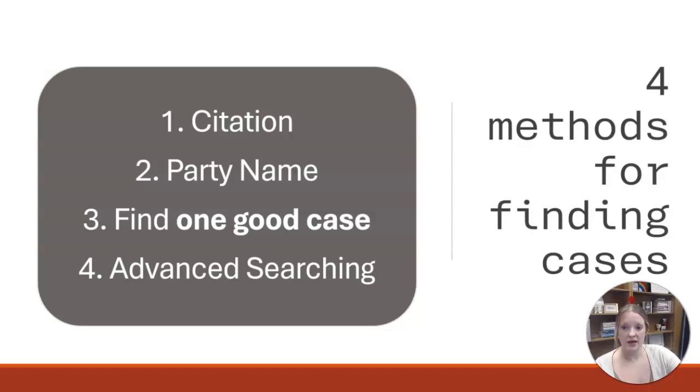Those are created by attorney editors or sometimes AI. And then the topics and key numbers, which classify cases by subject. So we can take any one of those tools, working from this one good case that we have, to get to other relevant sources. So we're expanding our research from one source that we've already determined to be relevant.